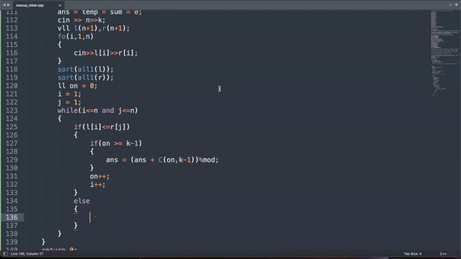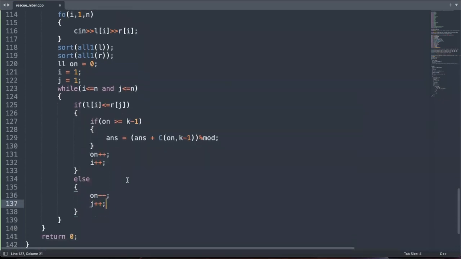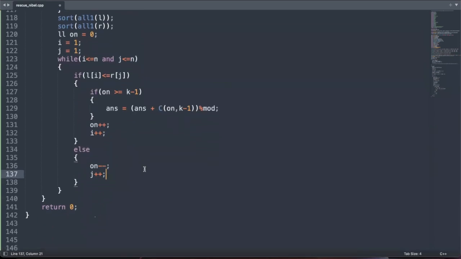If they are equal, won't we have to do an on minus minus or something? Yeah, so that I'll be doing in this else statement. So now here I'm doing on minus minus and j plus plus. So that will automatically handle it because the endpoints are not inclusive. Yeah, that's the reason.